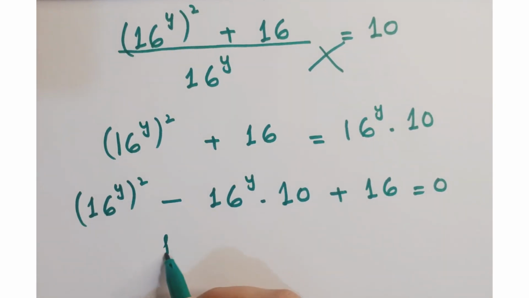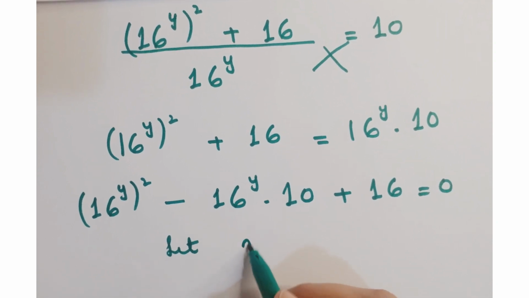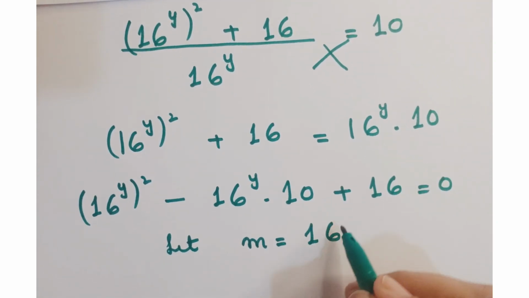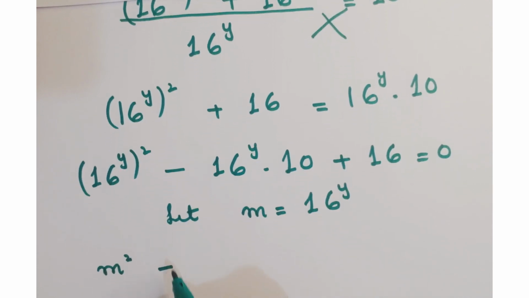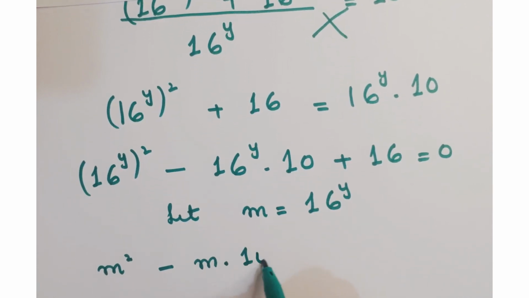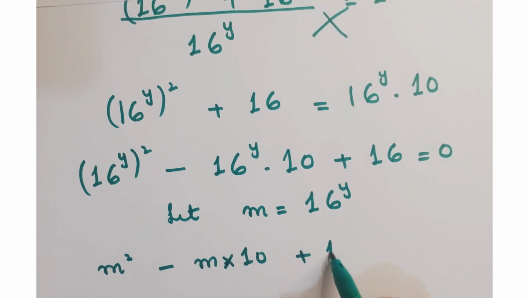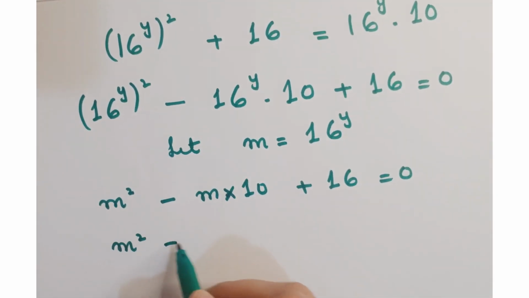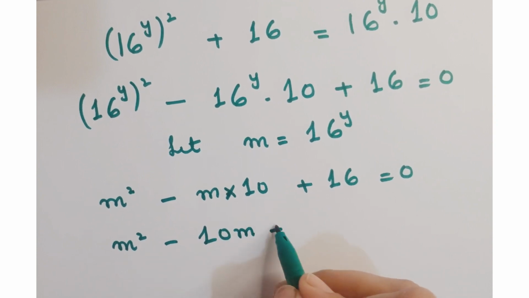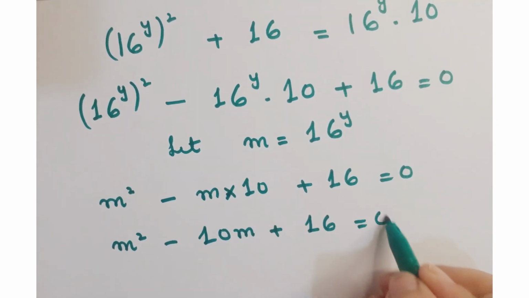Now let's assume that m is equal to 16 to the power y, so we have m square minus m into 10 plus 16 is equal to 0. Further, you can write this as m square minus 10m plus 16 is equal to 0.